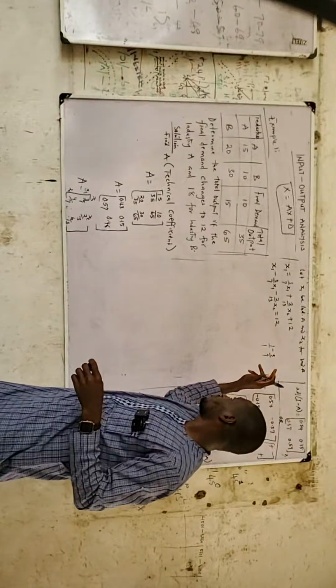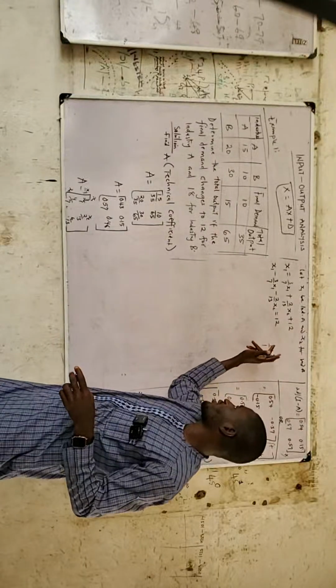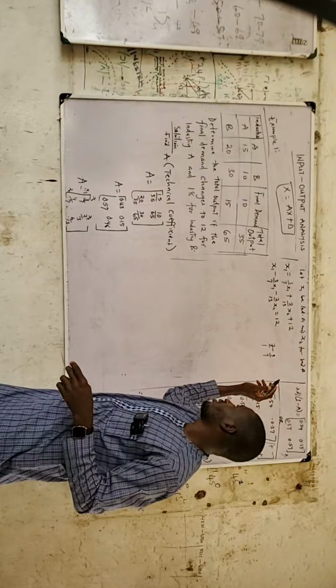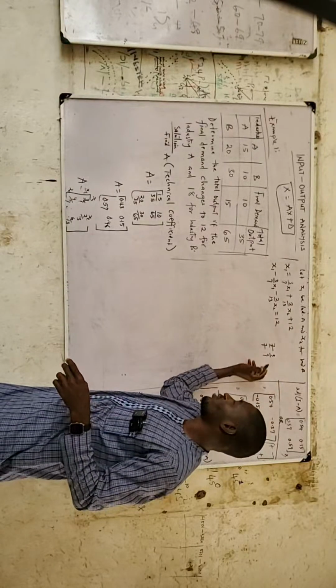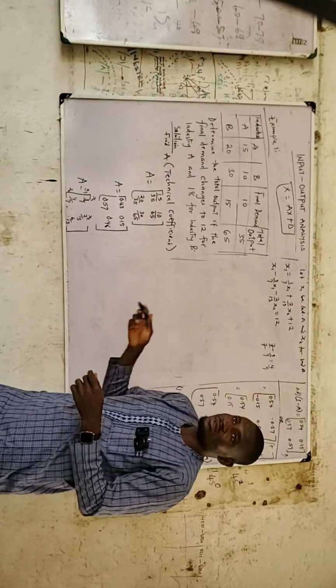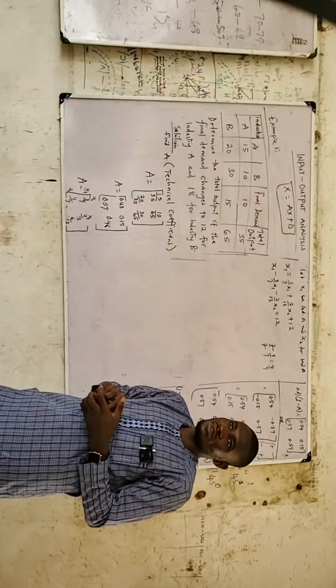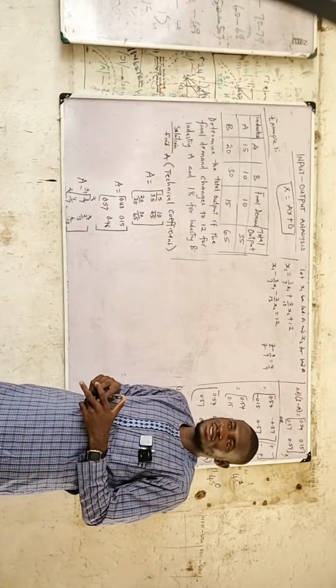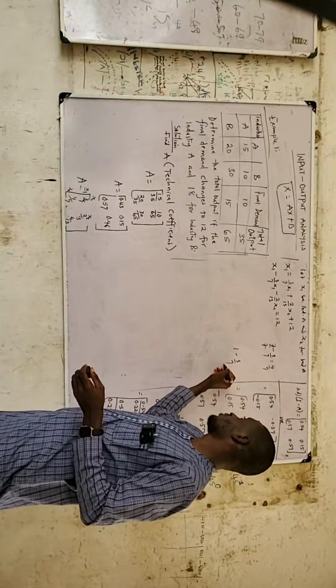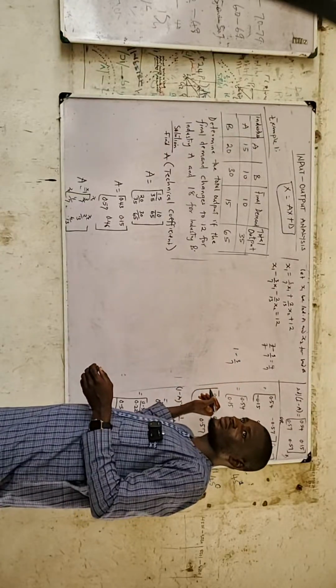For you to do this, you multiply here by 7, so it becomes 7. Here too it becomes 7. Then you have 4 over 7. It's fraction simplification, because you have 1 minus 3 over 7. The denominator 7 is the LCM.